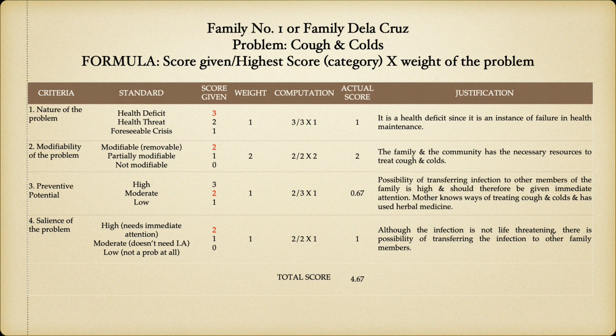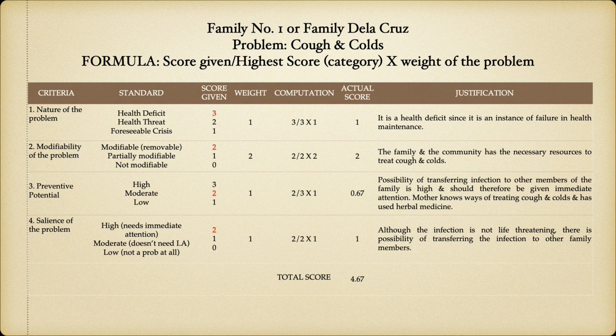No? So, then, we go into the modifiability of the problem. So, the problem is modifiable. No? So, meaning it is removable. So, therefore, we give a score of 2. The weight under that category, modifiability, is 2. So, therefore, in the computation, score given is 2. Highest score is 2 times 2, which is itong weight.